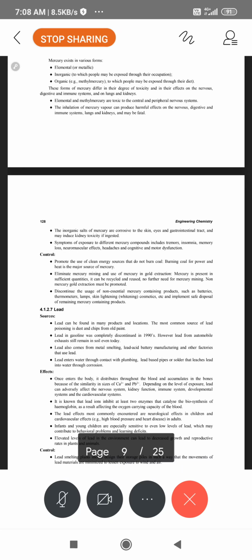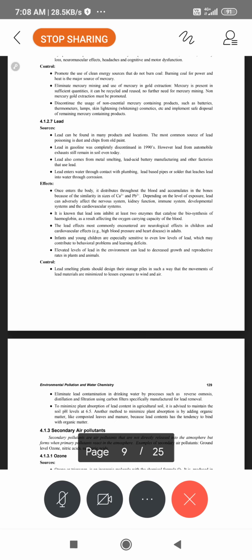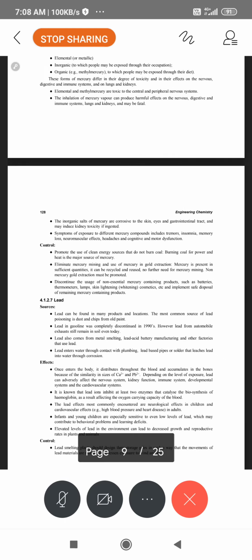In the same way, one of the primary particulate matters is mercury.